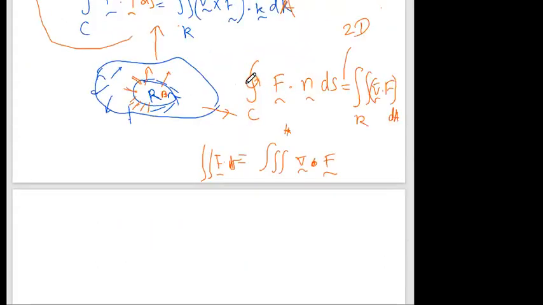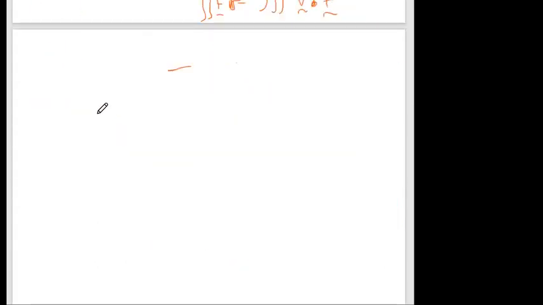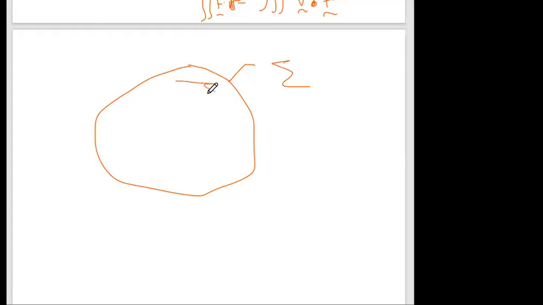Now, for the divergence theorem, you have a solid. S is this entire solid, and the boundary is sigma, right? Sometimes we also get confused, right? Sigma is the boundary, the solid is S, right?